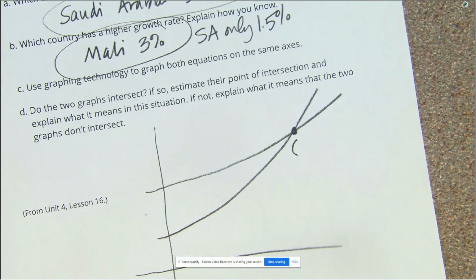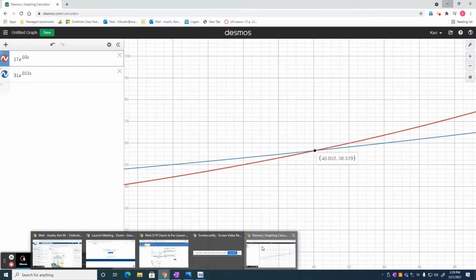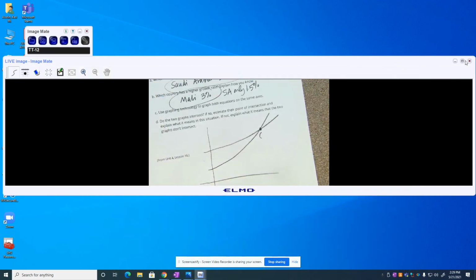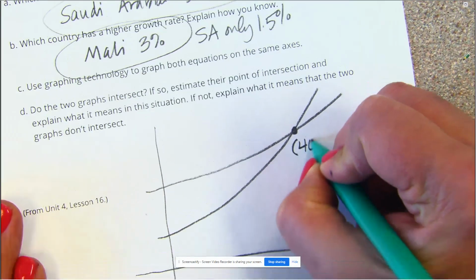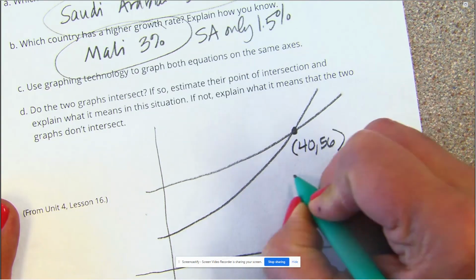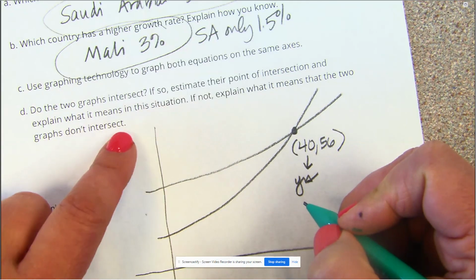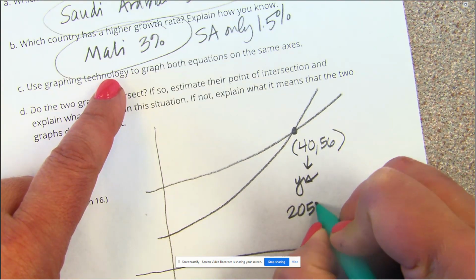Miss Austin. Let's go back and look. Forty years and 56. I'm just estimating. 40, 56. So in 40 years from 2014, so that'd be what, 2054?